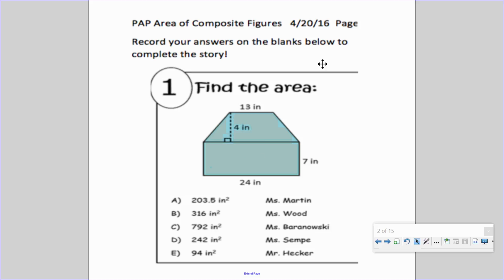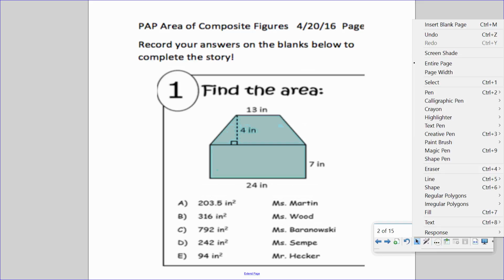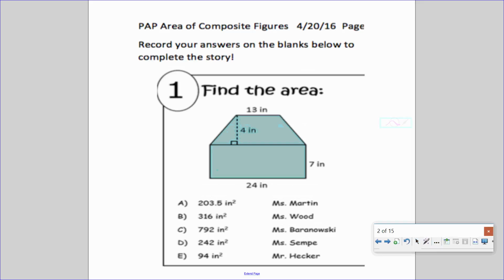So let's find the area of the trapezoid. To find the area of a trapezoid, the formula is 1/2 times the sum of the two bases times the height.